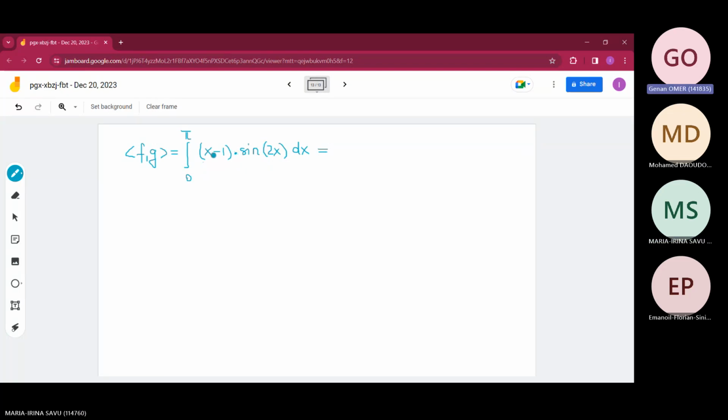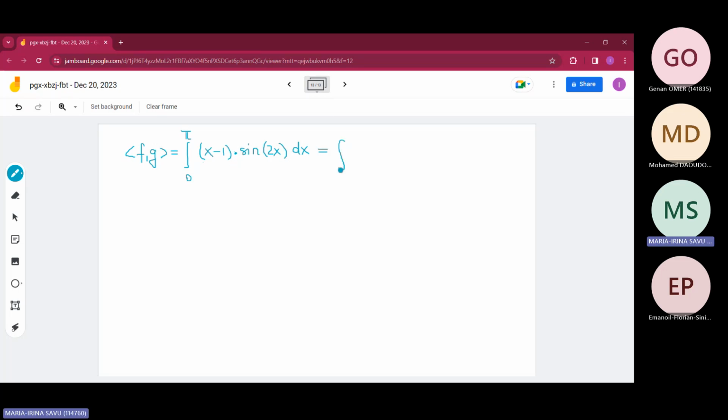We put x sine 2x minus sine of 2x, and then you have two integrals. Okay, and the first one is to be computed in which manner? You use, I forgot the name right now, but it is a formula. Integration by parts? Yes, integration by parts. Okay, it's fine. Let's use the integration by parts directly.